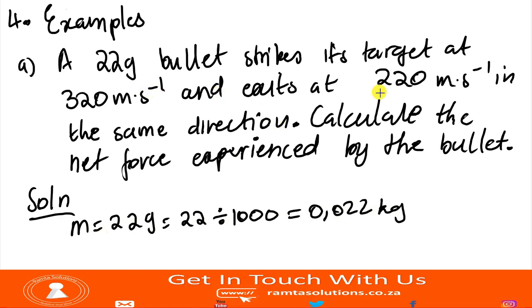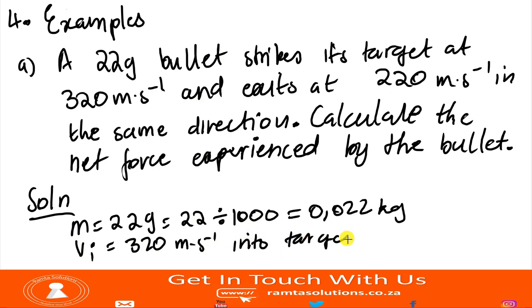Now, they say it strikes its target at, so initial velocity is 320 meters per second, forward.